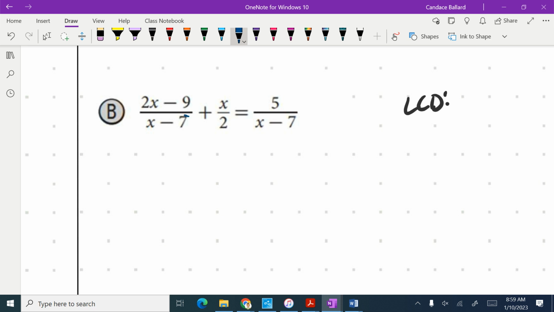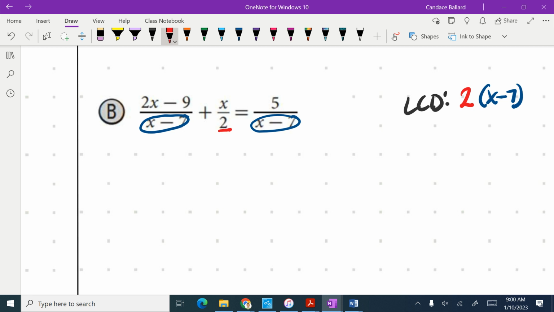Even though it's only in 2 of them, we're going to still count that as a match. How many times do I write down what matches? Once. So x minus 7. I'm going to underline everything in red that doesn't match, and I get to write that down. So I have 2 times x minus 7. All right, so I know my LCD is 2 times x minus 7.